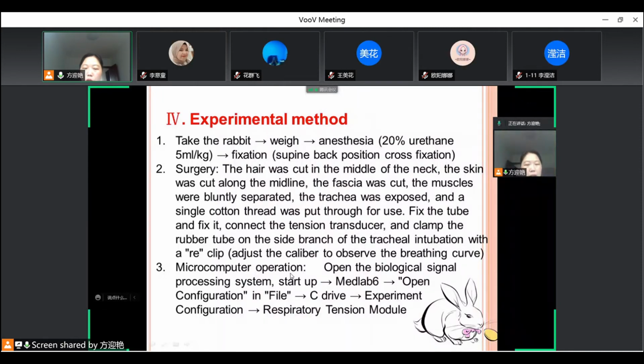Then we adjust and open the microcomputer system, and record the respiratory curve.